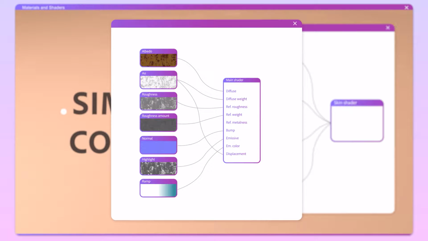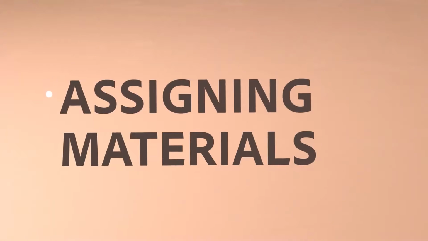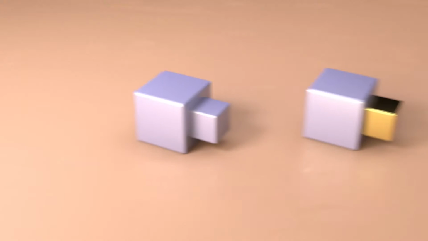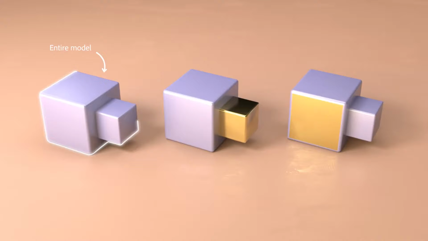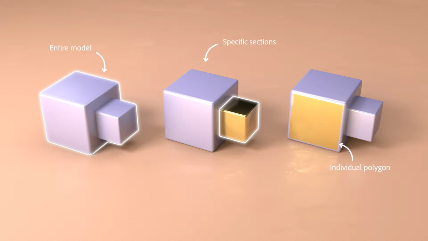If you create your materials in a PBR system, there's a good chance they can be transferred or at least converted to other applications. Apart from defining the look of a material, you also need to assign materials to specific parts of your 3D geometry. Materials can be assigned to an entire model at once, to specific sections of your geometry, or even to individual polygons and triangles of your mesh.